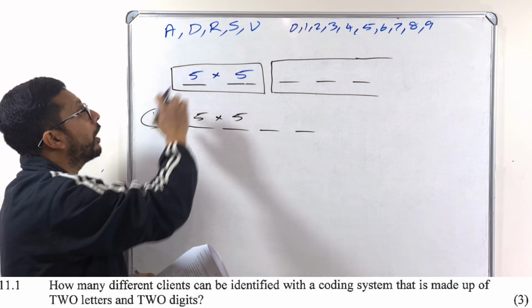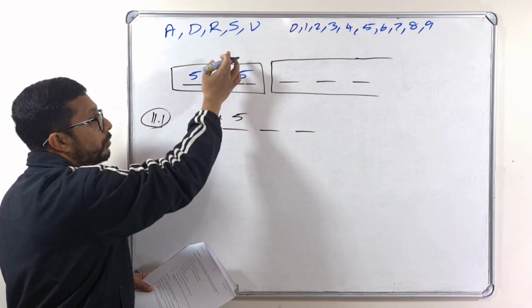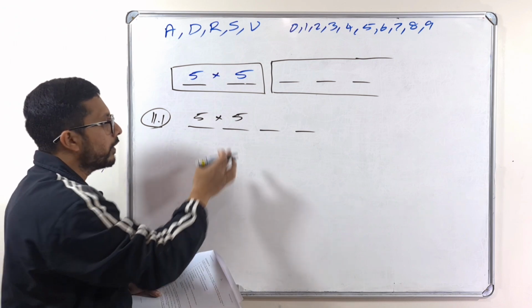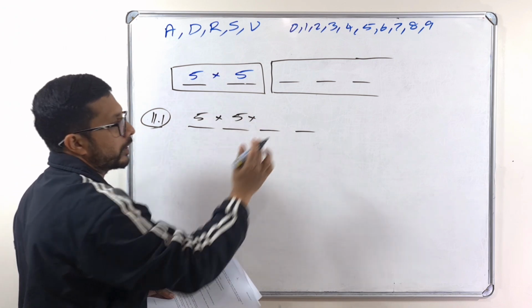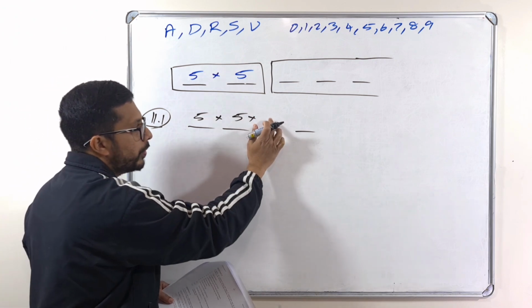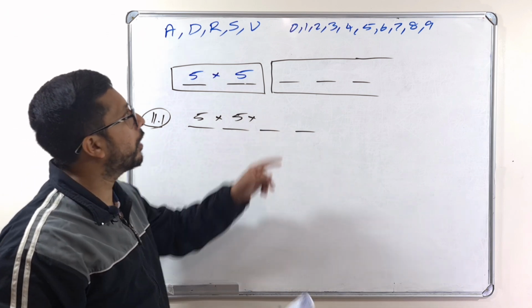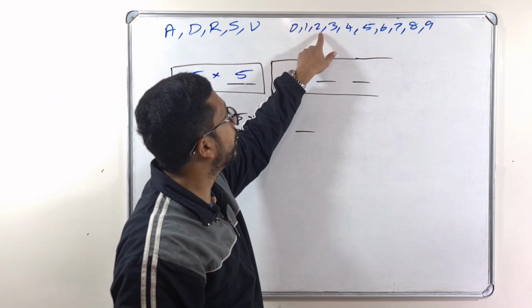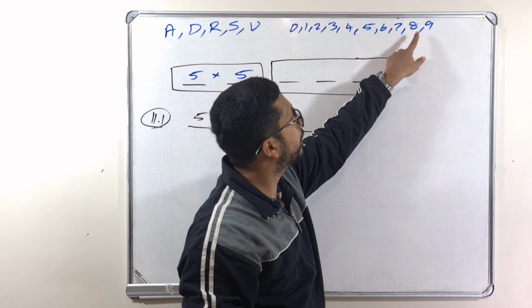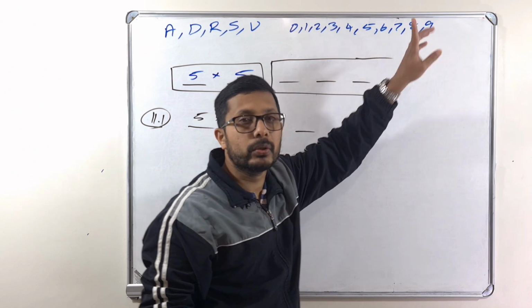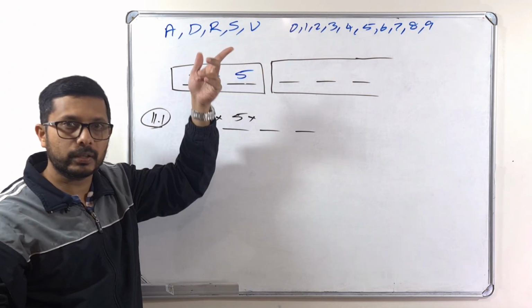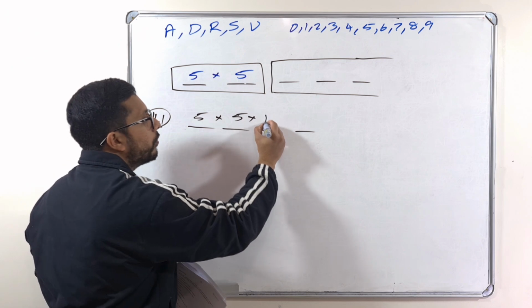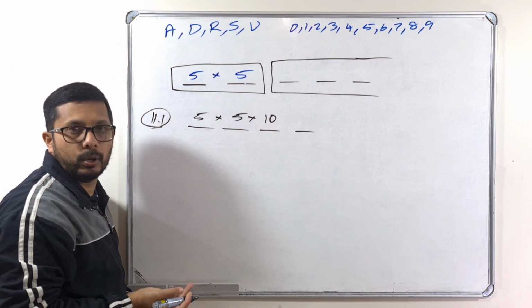It's not like I used one letter here so I can't use it. Then for the numbers, for this position to be filled, how many options do I have in front of me? 1, 2, 3, 4, 5, 6, 7, 8, 9, 10 options. 0 to 9, that means 10 numbers. So here I have 10 different options.